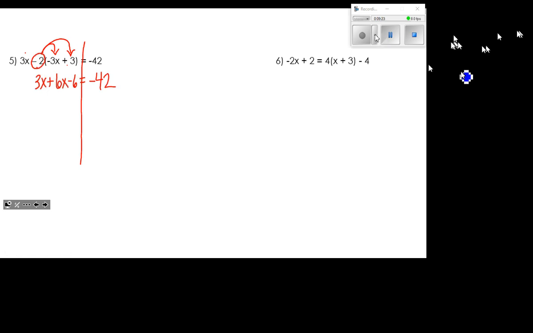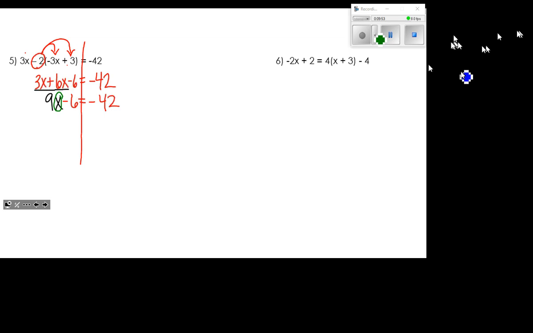Now I'm going to combine like terms because I actually see that I have 3x plus 6x that can be combined because they are like terms. And so 3x plus 6x is 9x. I'm going to bring down the minus 6 equals negative 42. Still looking for solving the variable for the variable x.